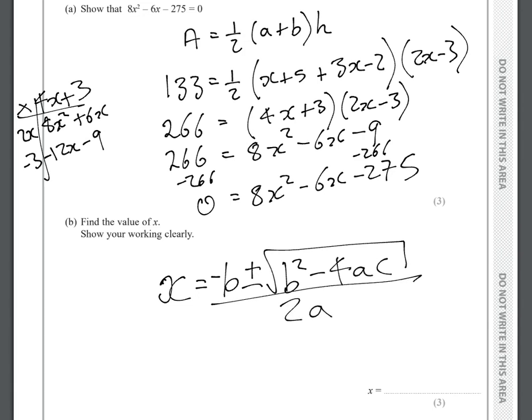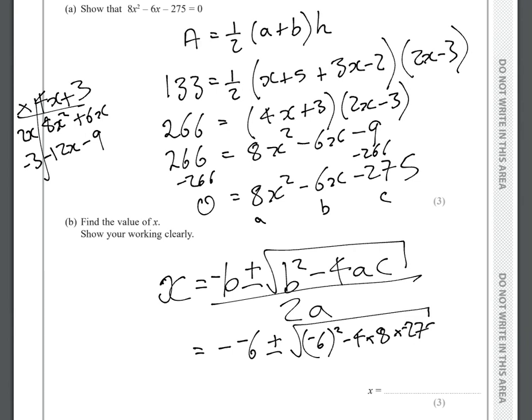And this is a, this is b, this is c. So I put in x is minus minus 6 plus or minus the square root of minus 6 squared minus 4 times 8 times minus 275, all over 2 times 8.